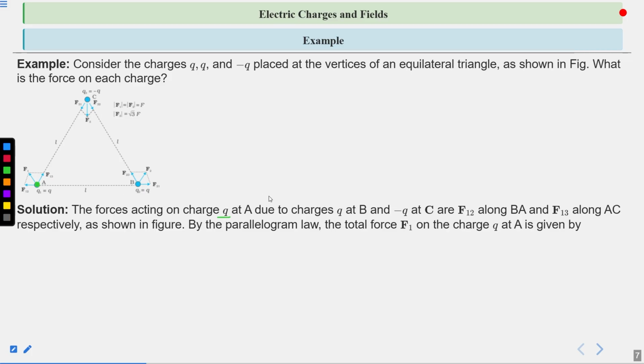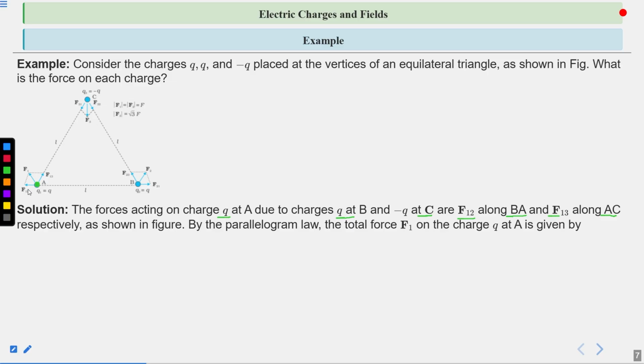point A, due to charges q at B and minus q at C are F12 along BA and F13 along AC respectively, as shown in the figure. I hope this is clear. I repeat it.